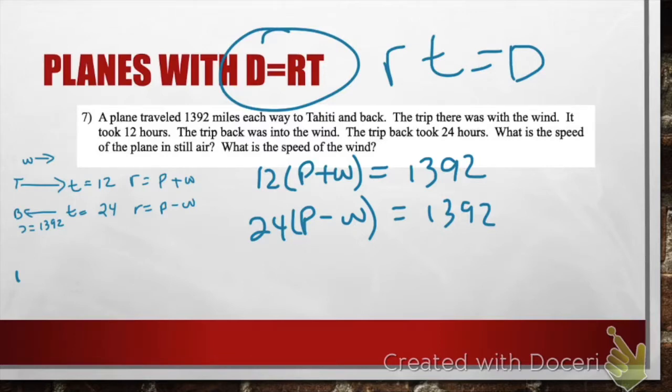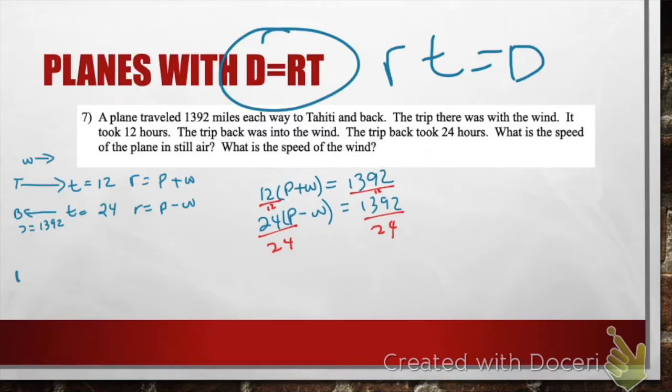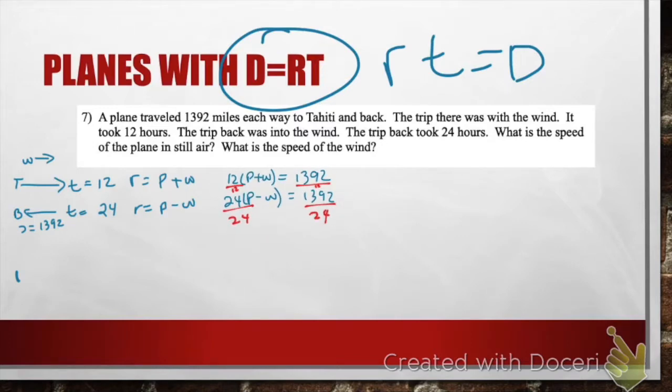We're going to do our trick again. We're going to divide both sides by 12 up here. And this one we're going to divide by 24. Let's get going. The nice thing about this is it makes it smaller when we do this.